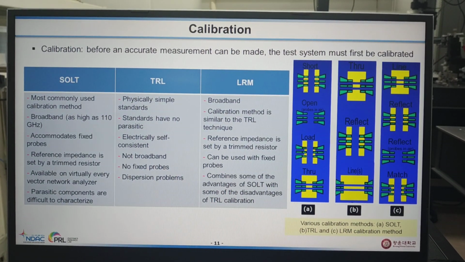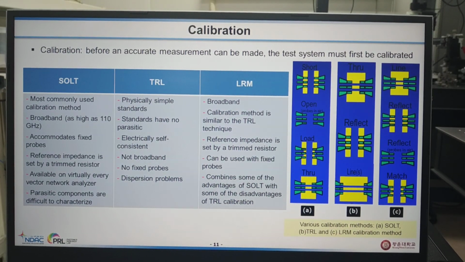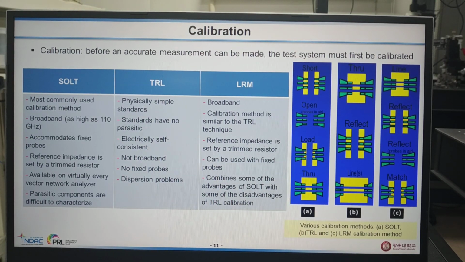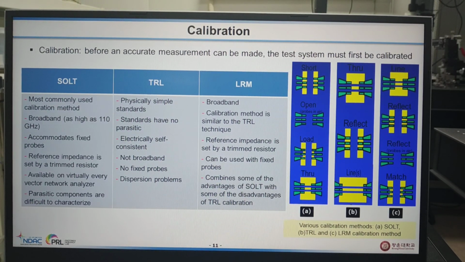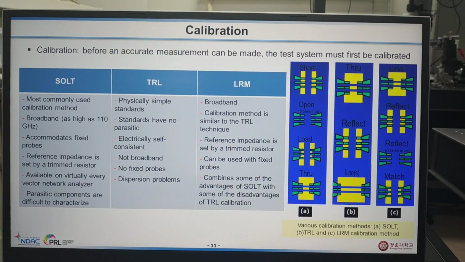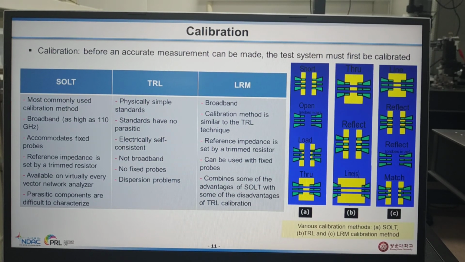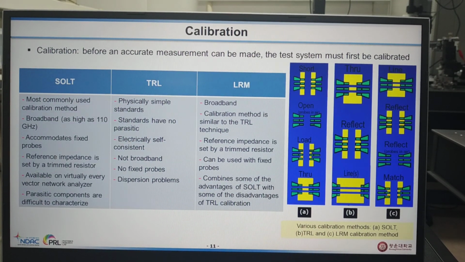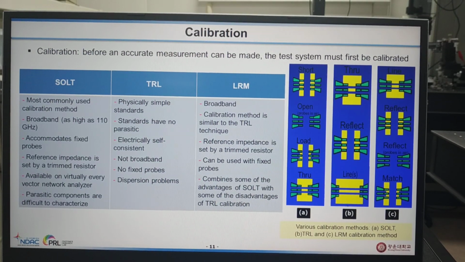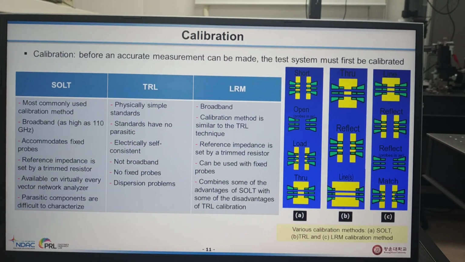There are three different methods to calibrate our system. The first one is SOLT, second is TRL, and last one is LRM. Here I show the methods in the figure and also in the table.